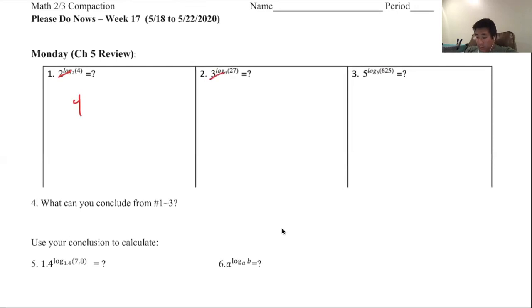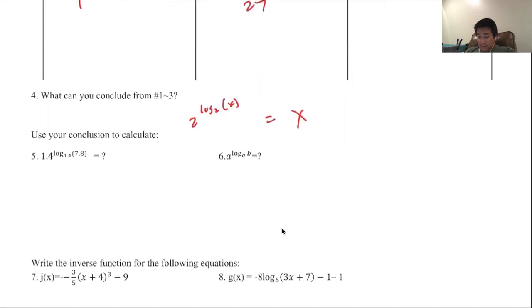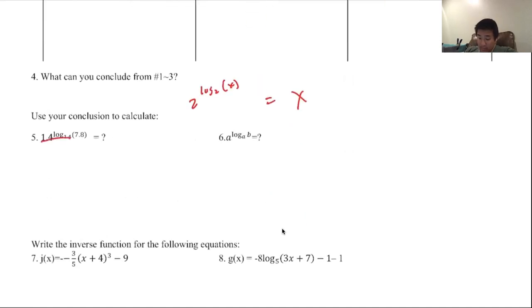Those cancel when you just have 27. That cancels when you have just 625. That 2 to the log base 2 of x equals x. This cancels, so you have 7.8. This cancels and you just have b.